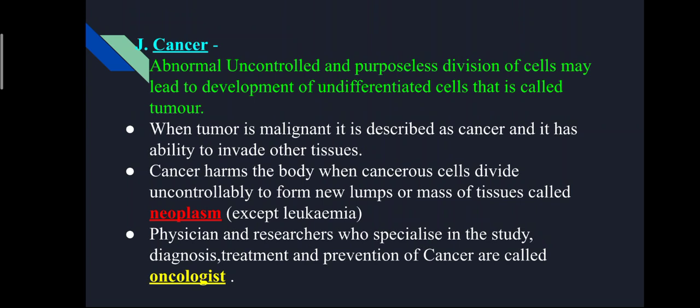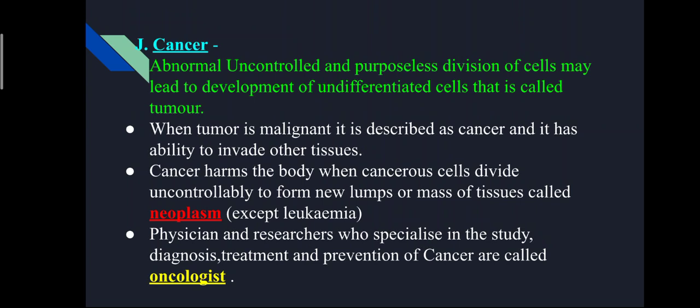Then actually when tumor is malignant, it is described as cancer, and that cancer harms the body when cancerous cells divide uncontrollably to form new lumps or mass of tissues called as neoplasm.